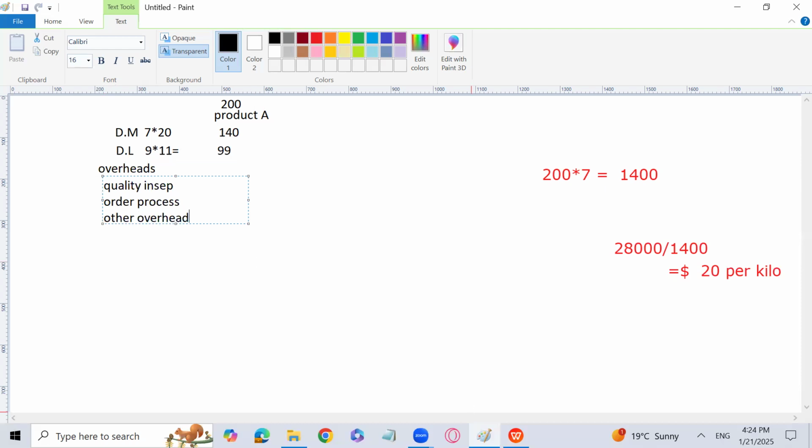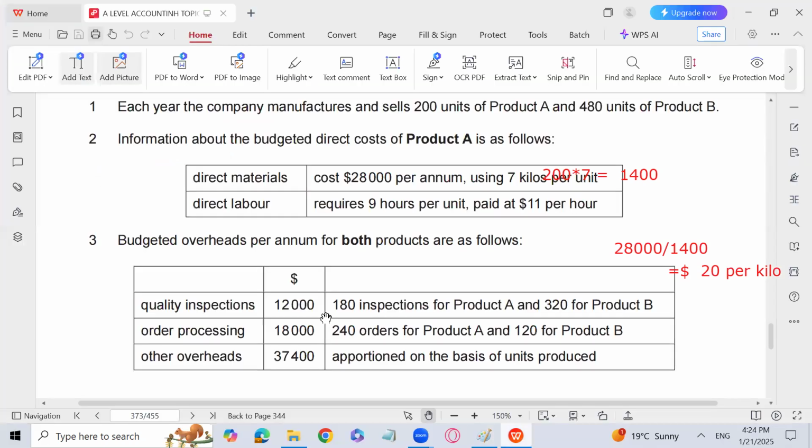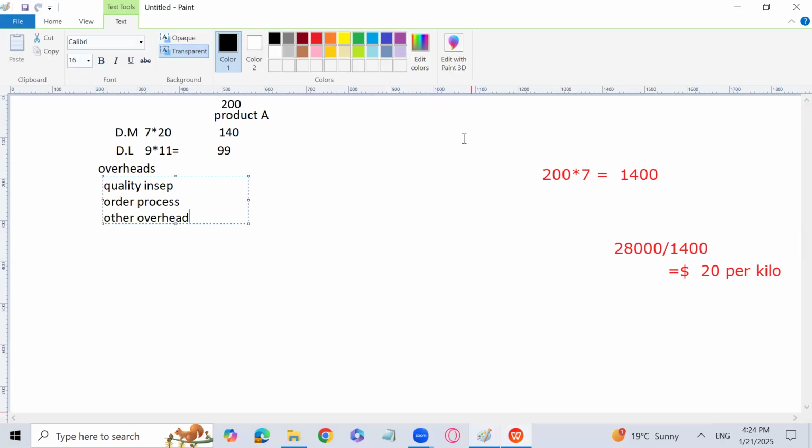Okay, let's see. Now I'm going to calculate 12,000 into 180 divided by 180 plus 320. 180 plus 320 is going to be 500. So 12,000 into 180 divided by 500.